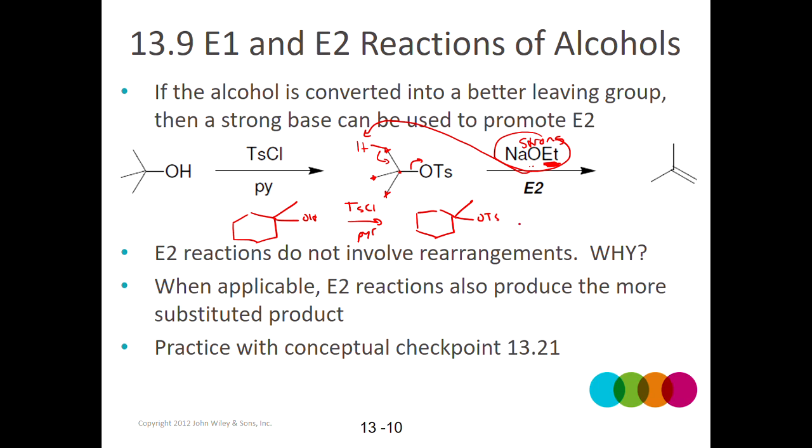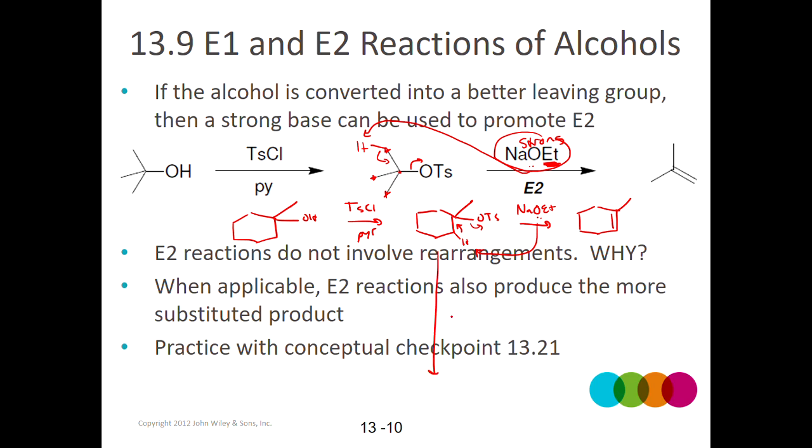Now, if I want the alkene to form here, I can use a smaller strong base to pick off this proton once it's anti-periplanar to the leaving group, push electrons in, push out the leaving group, and make the pi bond there. And a strong base should do that because, as we said in the last slide, the pi bond in this position is more stable because it's more substituted with carbons than if it's in the other position.